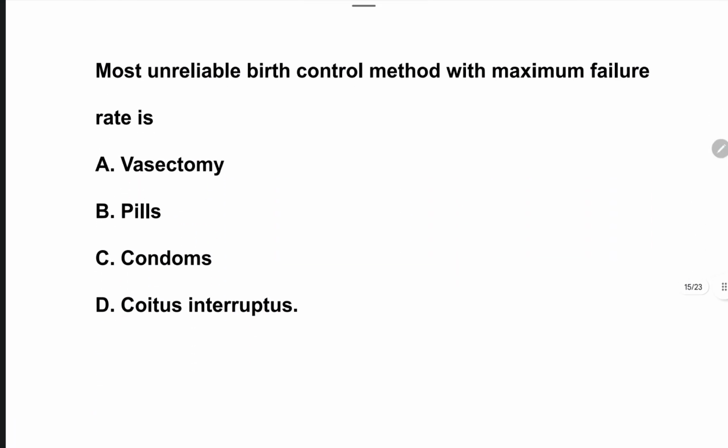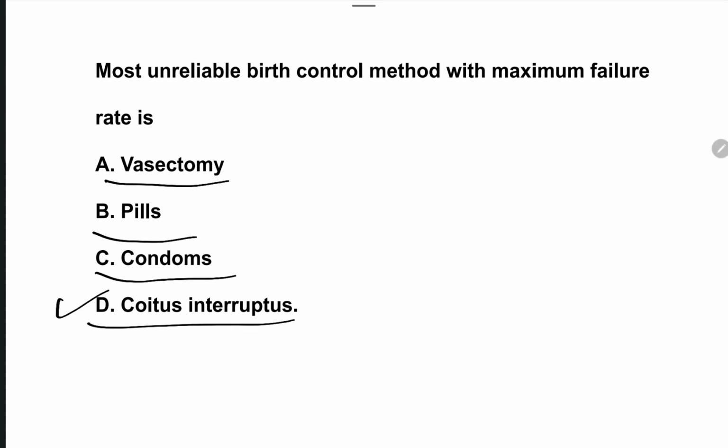The next one is most unreliable birth control method with maximum failure rate is. Options are vasectomy, pills, condoms, coitus interruptus. The right one is option D. Coitus interruptus is nothing but during the intercourse, when the ejaculation is going to happen, the man is removing the penis from the vagina.